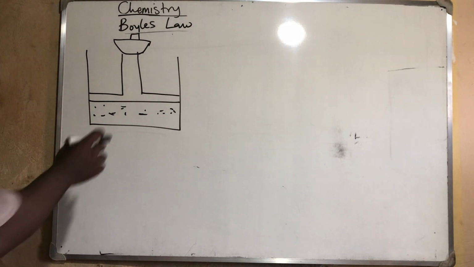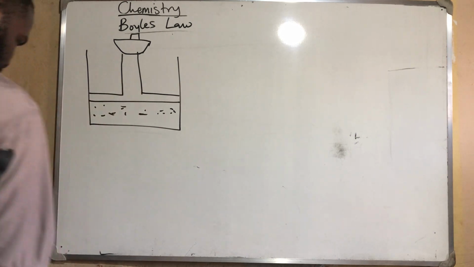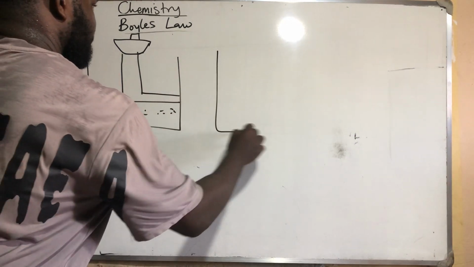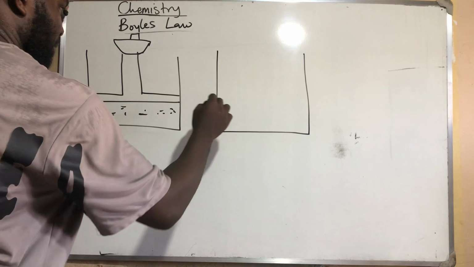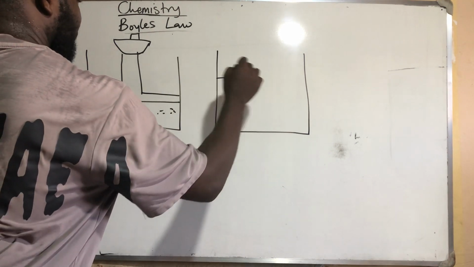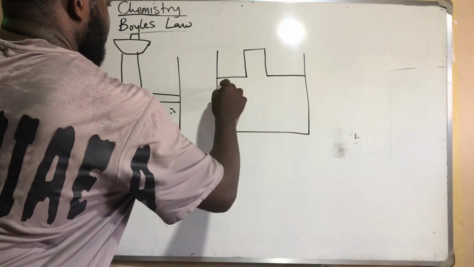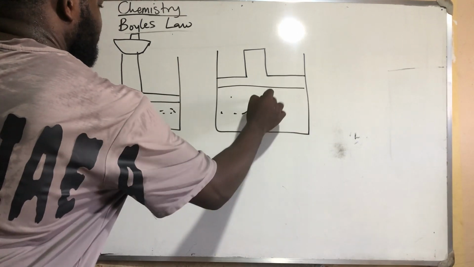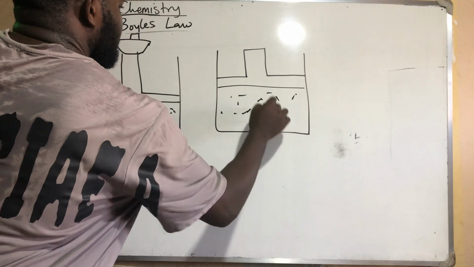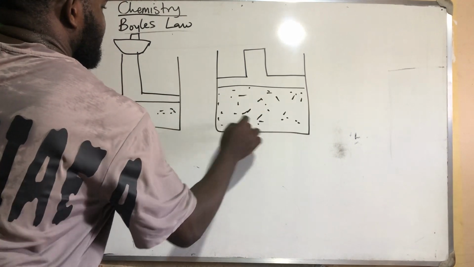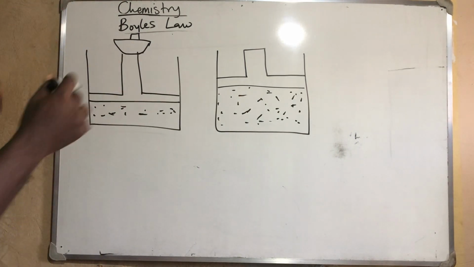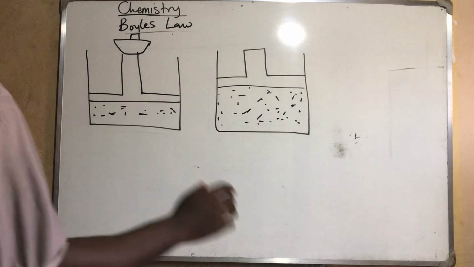So now, if we replace this one with a lighter one, you see what will happen. You will notice that the volume will increase, and if the volume increases, they now have more space, and when they have more space, the pressure will reduce.